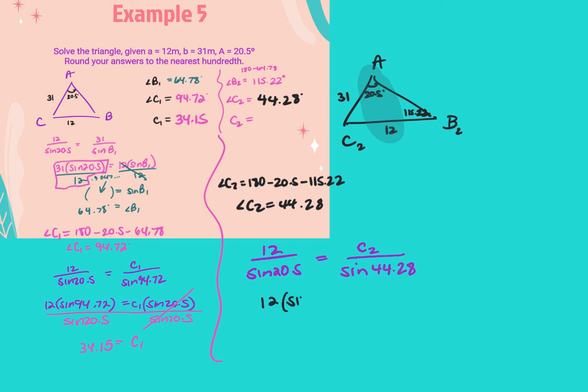Cross multiply, and divide. Sine 44.28 divided by sine 20.5. C2 is 23.92.